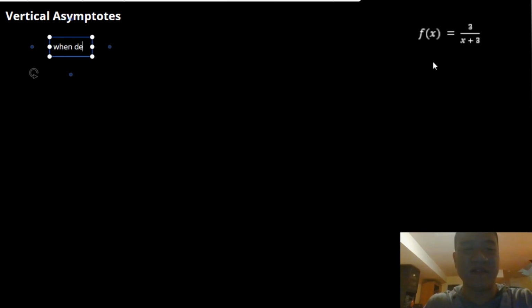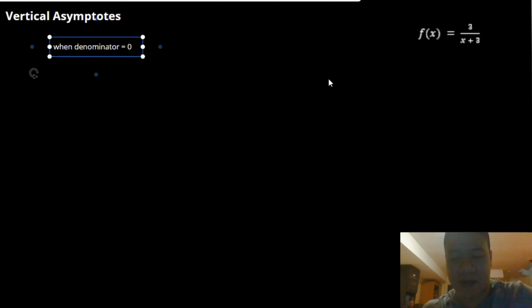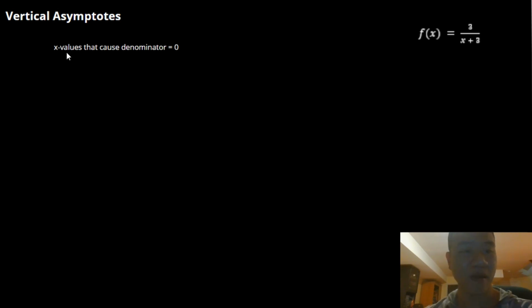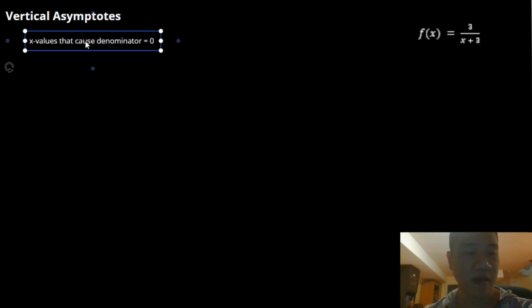When the denominator equals 0, or the x values that make the denominator equal to 0. Let's be more specific: the x values that cause the denominator to equal 0.